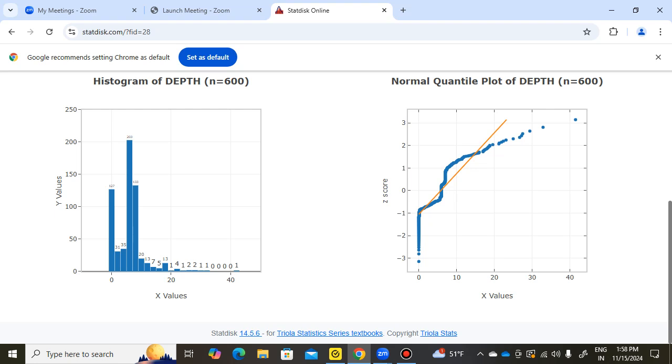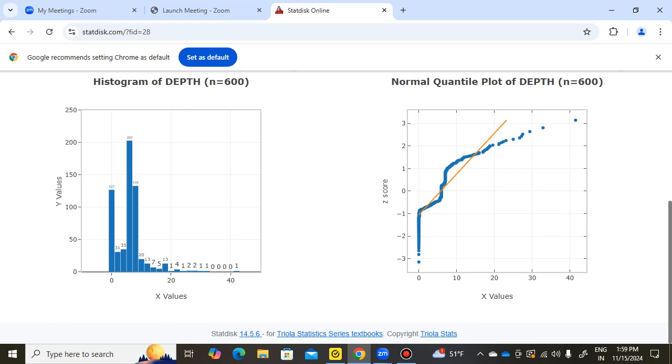Now, for the most part, you probably would stop and say, okay, yeah, it does not seem like it's normal. We can just move on to the plot, just see what we see. This is nowhere near that straight line. It jumps around, but it's significantly away from it. So the normal quartile plot is also not normal.